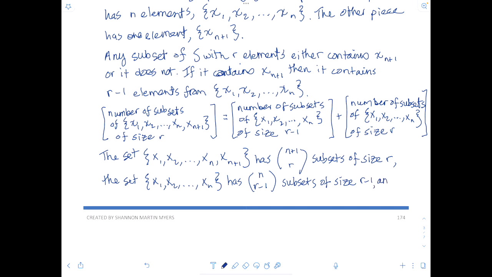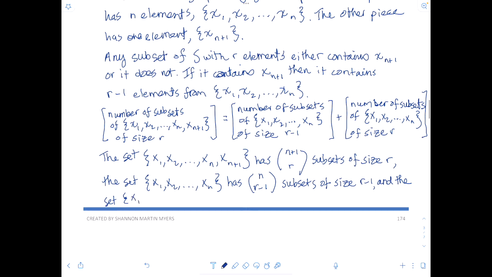And finally, x1, x2, all the way down to xn has n choose r subsets of size r.